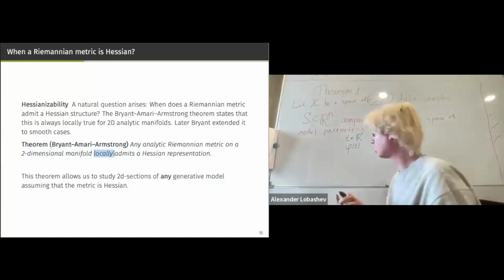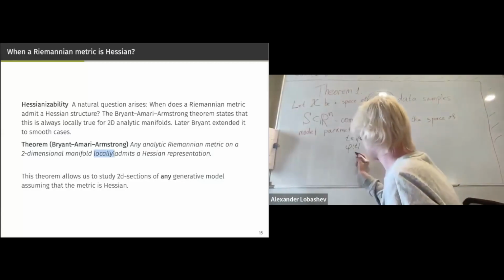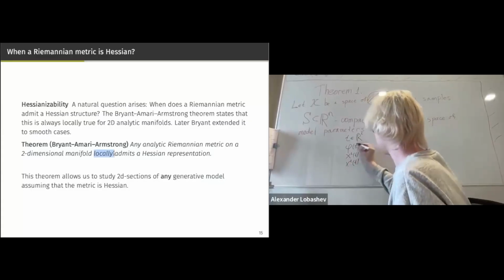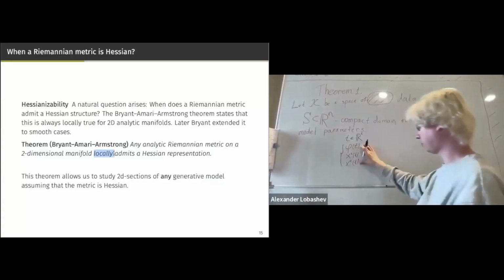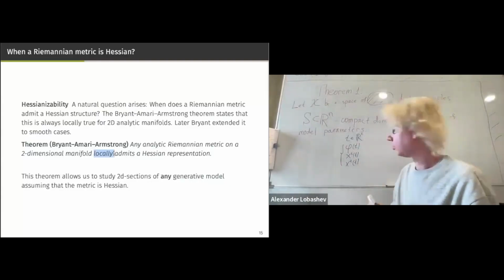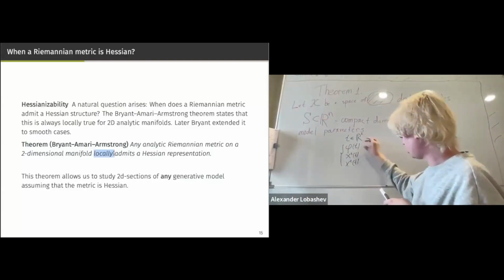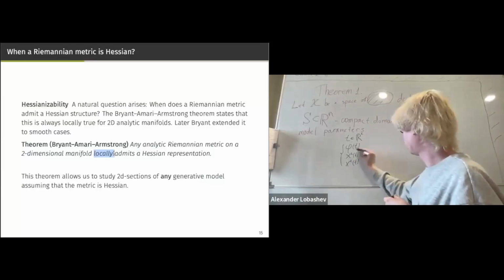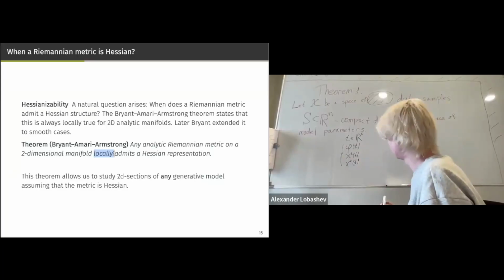What does it mean locally? It means that there is a local coordinate chart. For example, say this is function x1 of t, and another function is x2 of t. So actually, we have three independent functions of two variables, which define a local coordinate chart in which we could write our metric as a Hessian of this function phi.